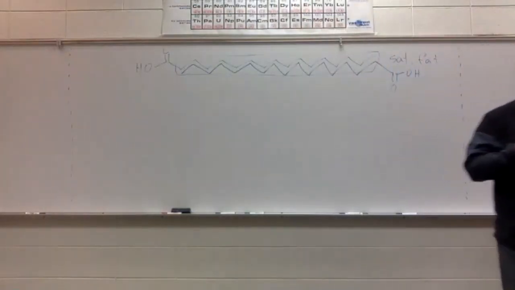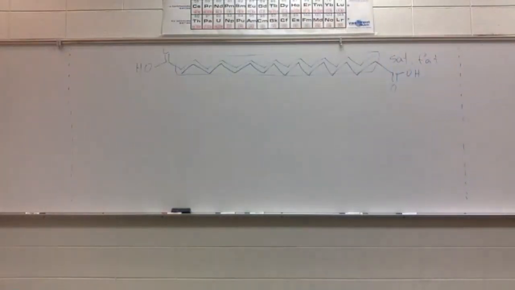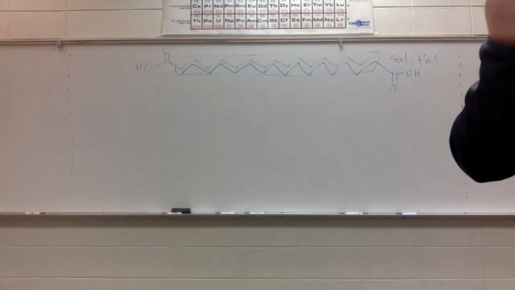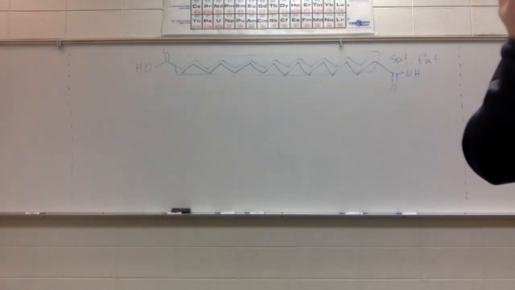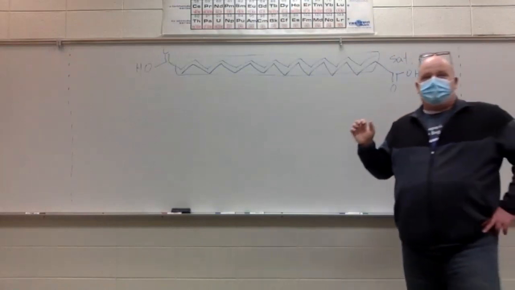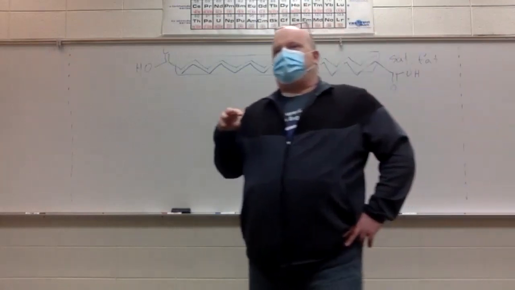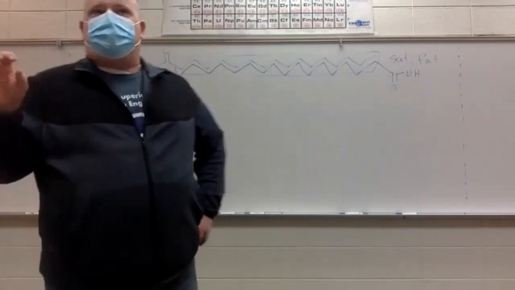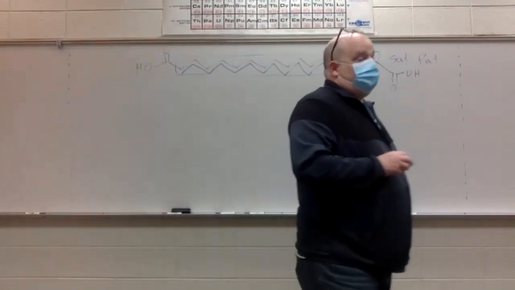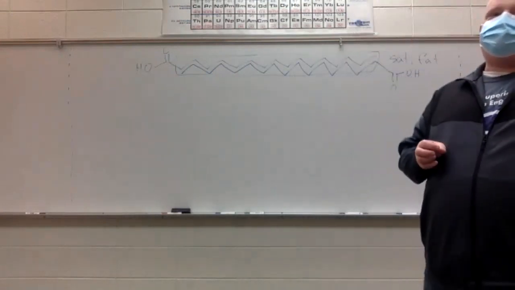And as we learned the other day, if you perform catalytic hydrogenation on an alkene, what type of product do you make? An alkane. It becomes more saturated, right? So when you partially hydrogenate something, you're getting rid of these double bonds. You're making it more saturated. In other words, you're making it less healthy.